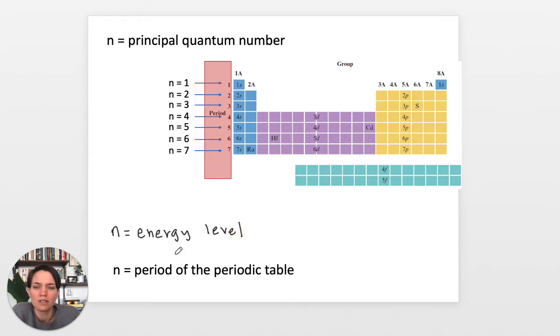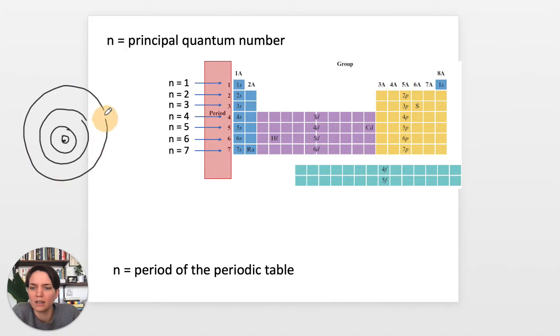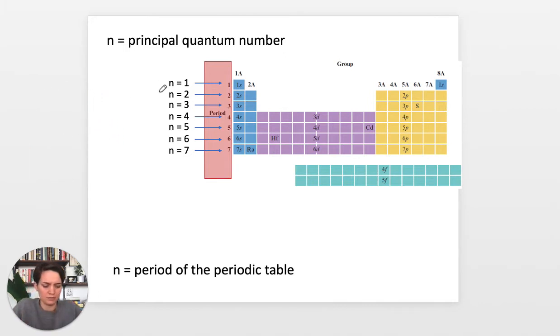So the lowest energy level is going to be n equals 1. And I also like to think of these in the context of Bohr's model, right? So you have the nucleus, you have n equals 1, n equals 2, n equals 3, going out in subsequent circles. Okay, so if you're at n equals 1, that's going to correspond to the elements that are in the first row of the periodic table. N equals 2, second row of the periodic table. N equals 3, third row of the periodic table.